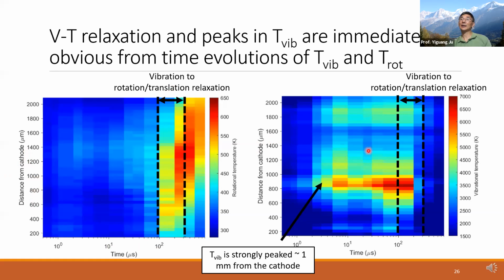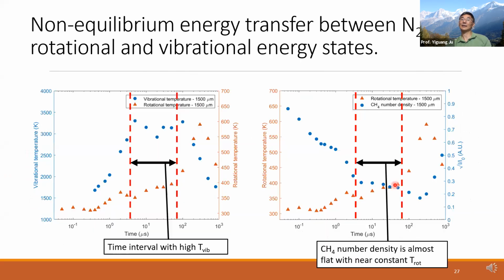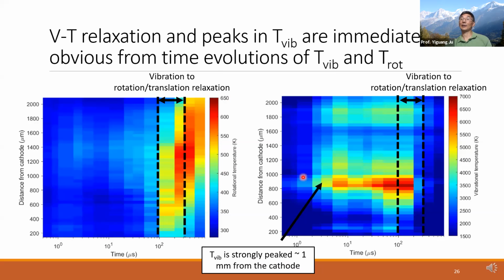And if you look at the vibrational, rotational, translational temperatures, you can see that clearly as a function of time. The vibrational temperature is increasing and decreasing in this region. There's a strong rotational vibrational coupling near 800 to 1,000 microns from the cathode.